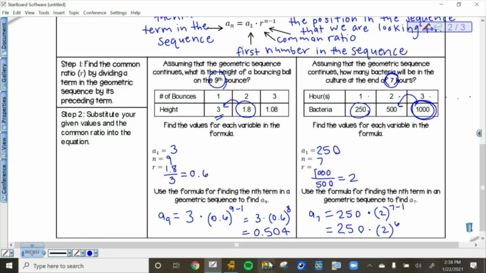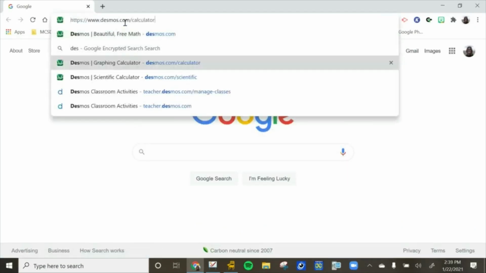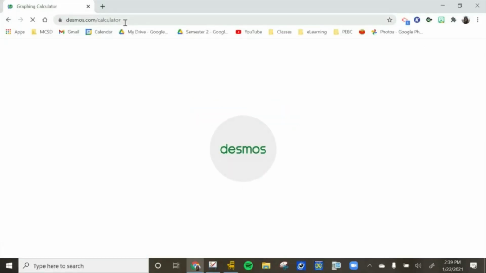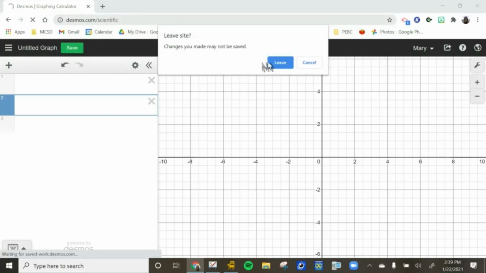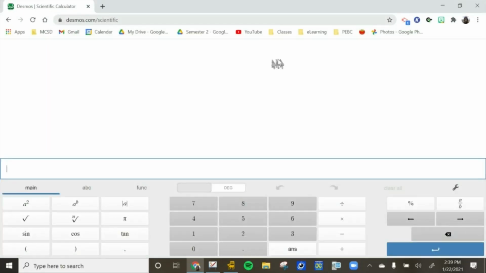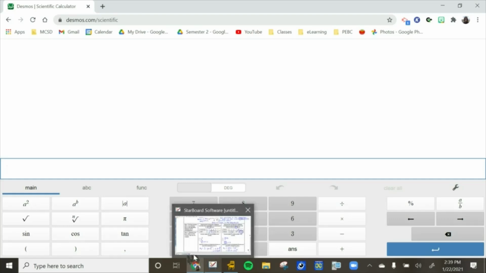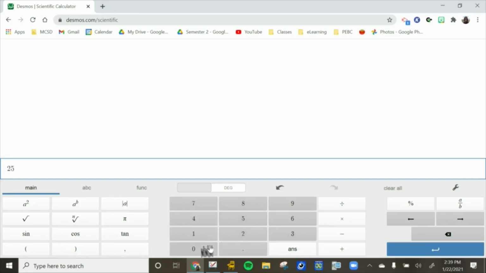Does everyone know how to use the exponents in the calculator? Let's go through it real quick. So in the Desmos calculator, which is what I prefer that you use, desmos.com/scientific, I'm going to plug this in. I'm going to do 250 times, then open parentheses, 2, close parentheses, and then there's this button right here.